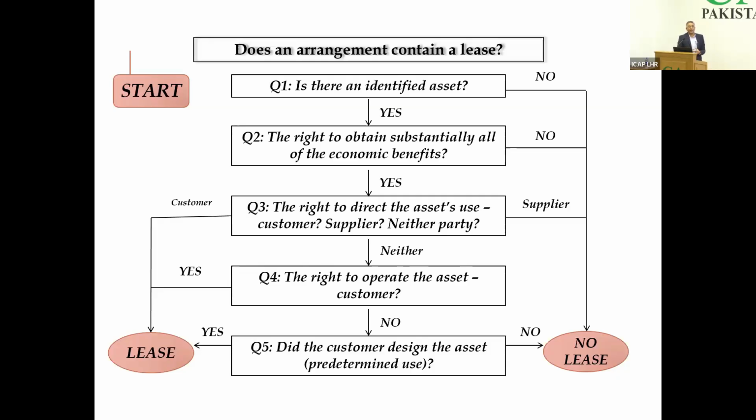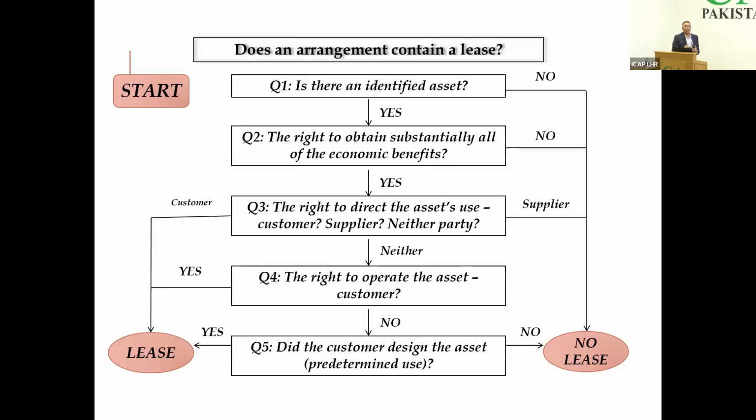If there is no identification of who can direct the usage of the asset, then there is another question: the right to operate the asset. If the customer can operate the asset, then this is a lease contract. If there is no specific information given in the contract, then the last question is: did the customer design the asset?